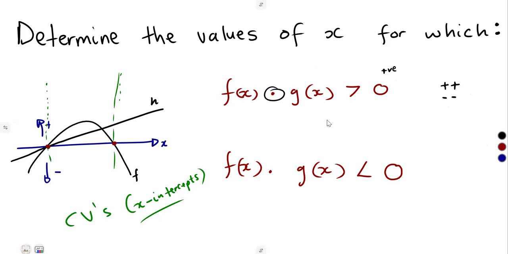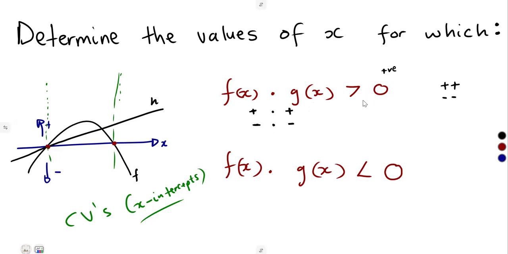Remember, this is a multiplication. So in order for us to get something that is greater than or equal to 0 or greater than 0, either our f is supposed to be positive multiplied by g, which is also positive, or our f is going to be a negative value multiplied by g, which is also a negative value. That is going to give us a positive.